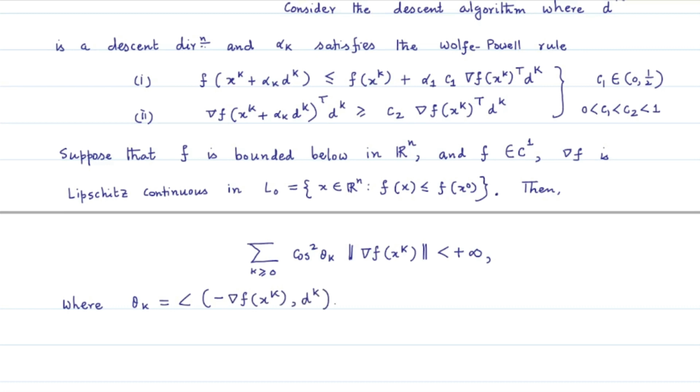Let us now prove this result. From this result we will show that if theta k is bounded away from 90 degrees, then this grad f xk converges to the null vector. Let us first prove this result.